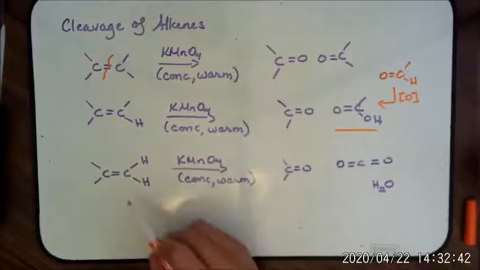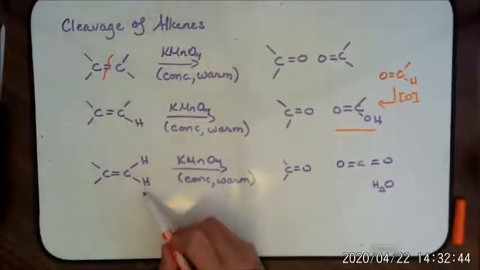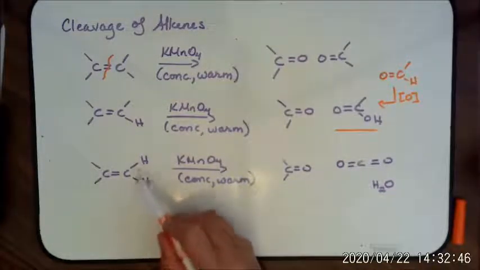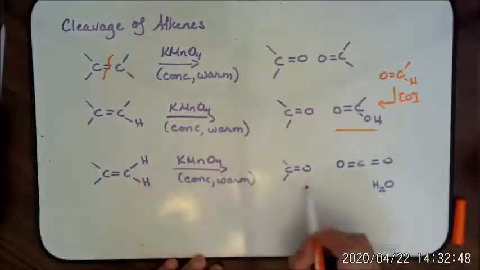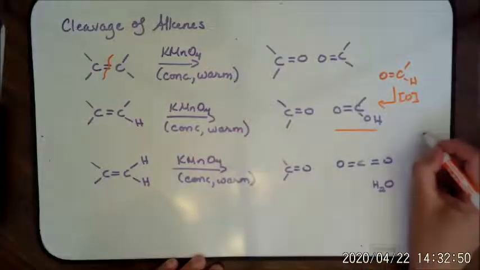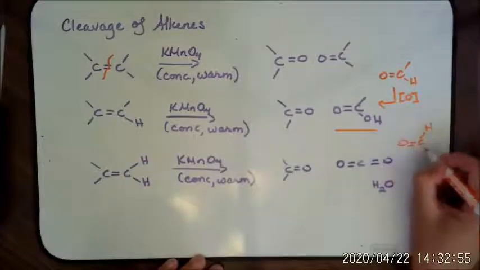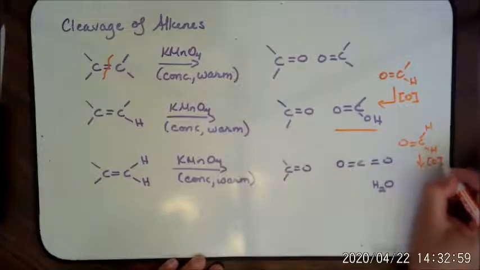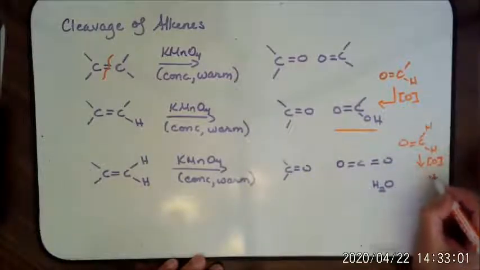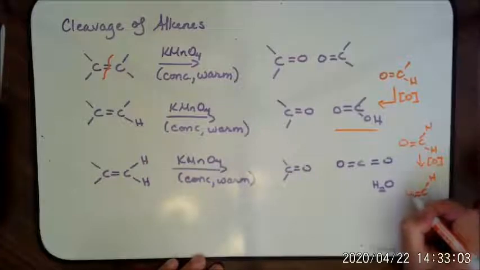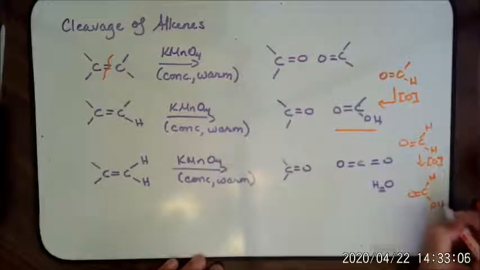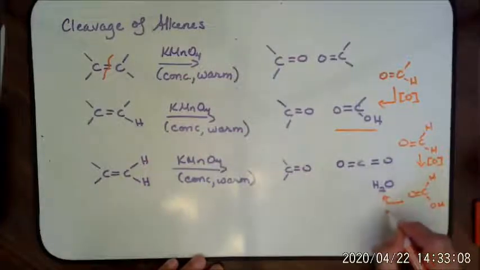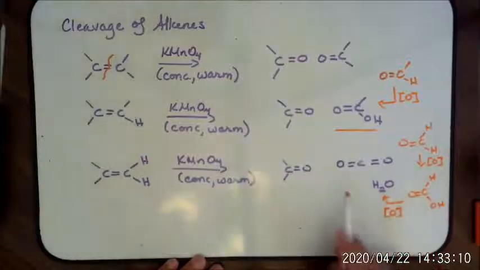If I have a terminal alkene, so I have a CH2 here, then again you form your aldehyde. It continues to get oxidized by potassium permanganate, gives you formic acid, and the formic acid continues to get oxidized, and that's how we get carbon dioxide and water.